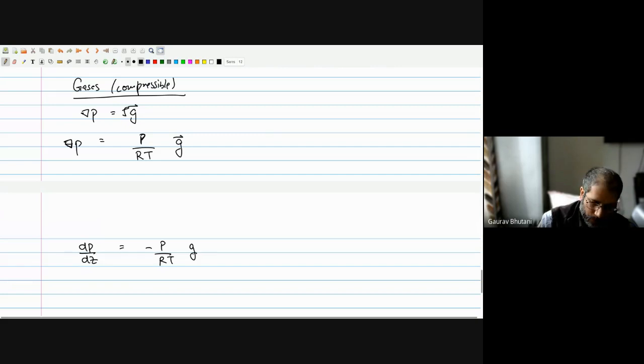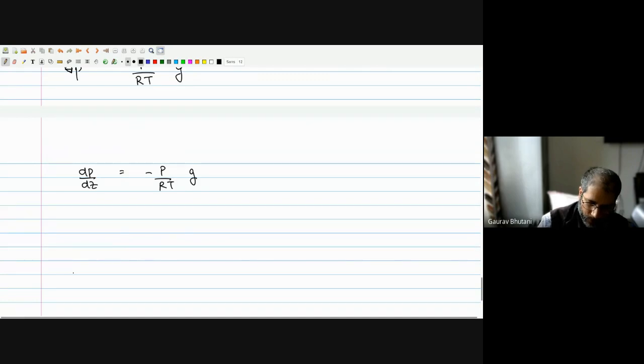And then when we solve this differential equation, you can do it, and that gives you, after a few steps, P2 is P1 times e to the power of minus g by RT times delta z.